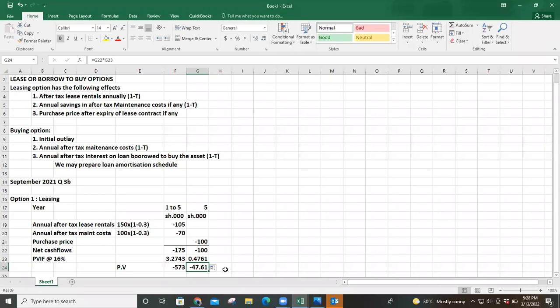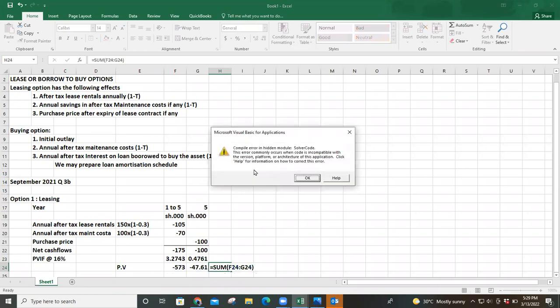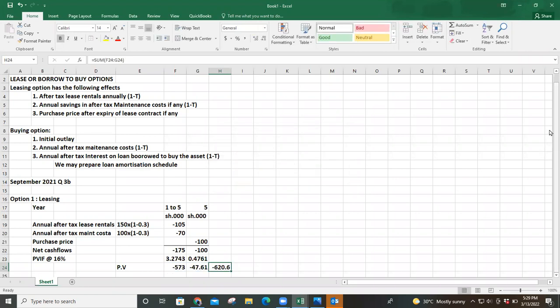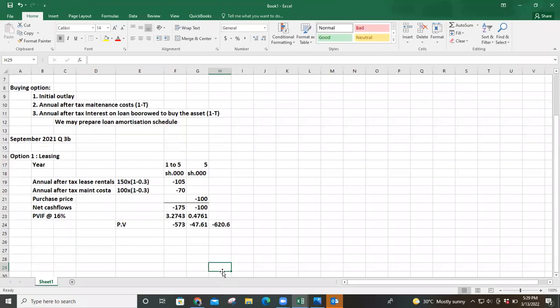And at the end of the day, the NPV becomes the summation of that. So if we decide to lease, we shall incur the total cost of 620.6.